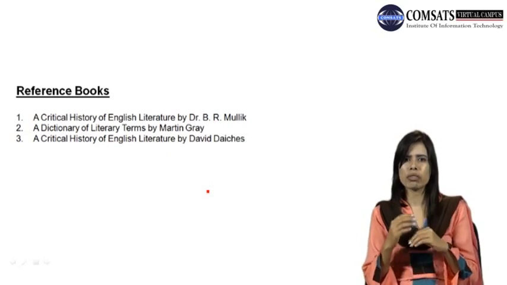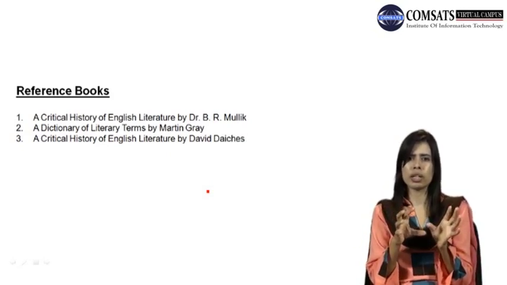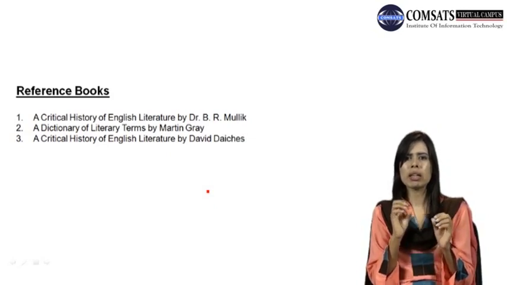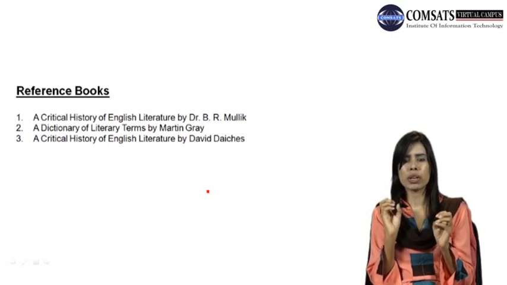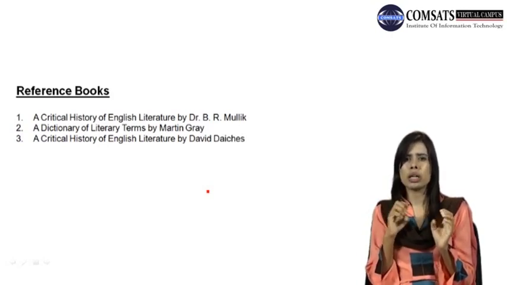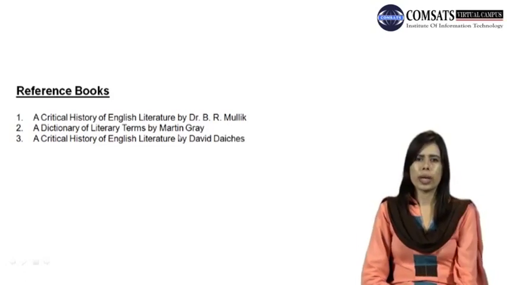Fine. So we can find the reflection of their thoughts and their mentality in the literature of that time. They were very brave people, and very adventurous as well. So that is shown through their literature, and that is also known as the Old English period. Okay.